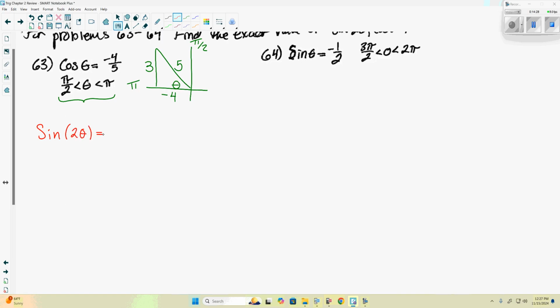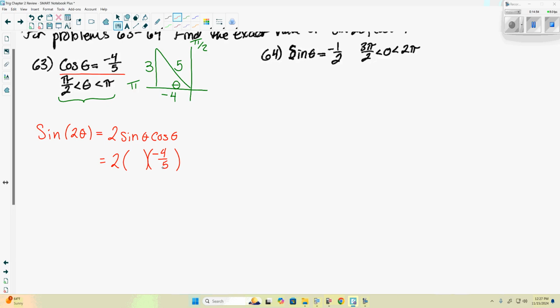Because the first trig function it wants us to find the exact value of is sine of 2 theta. And according to the theorem, sine of 2 theta is equal to 2 sine of theta times cosine of theta. Well, the problem told us cosine of theta is negative 4/5. It didn't give us sine of theta.